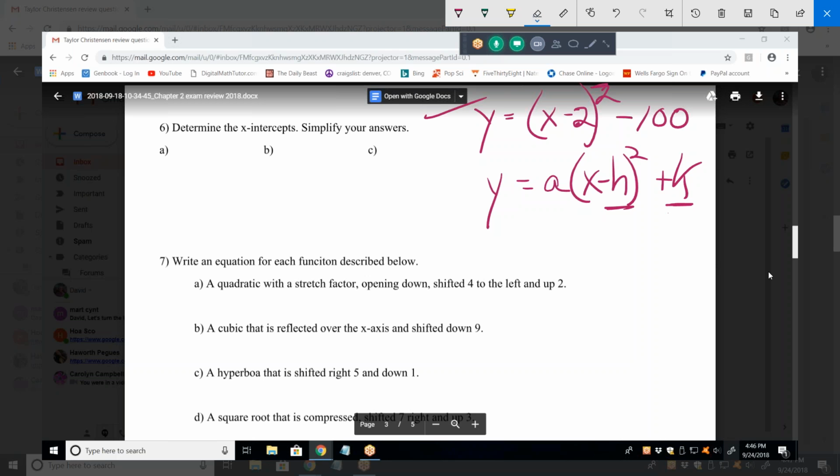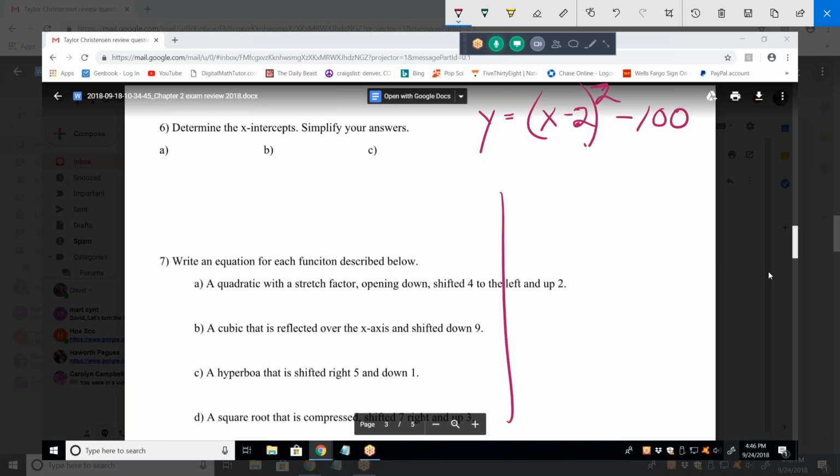So they want to know the x-intercepts. Well, that's actually pretty easy. You just have to know one thing. X-intercepts mean y is equal to what? Think about it. If I have a function, those are the x-intercepts.